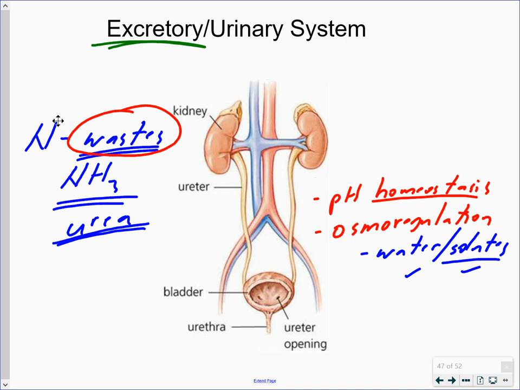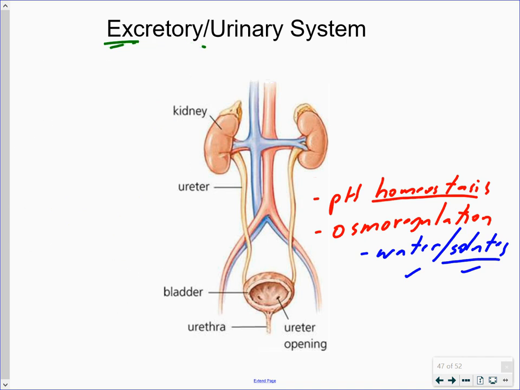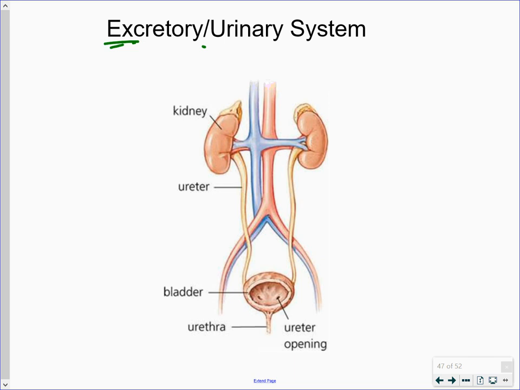So this first slide that I am showing you here has the macroscopic structures associated with the excretory system. It involves the kidneys that we find on either side of your body in your lower back region. Coming from each one of the kidneys, which, as we will see, are going to be producing the urine, this urine is then going to travel through a single ureter coming from each one of the kidneys, going toward a single urinary bladder.